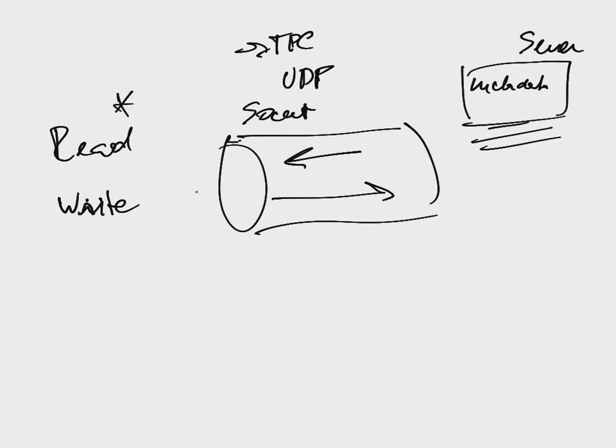And if the client just dies and does not use this socket anymore, this metadata about this particular connection is stored on the server side for some time. How much time? It depends on the timeout. It usually is at least many seconds, maybe a few minutes, in some cases even a few hours.